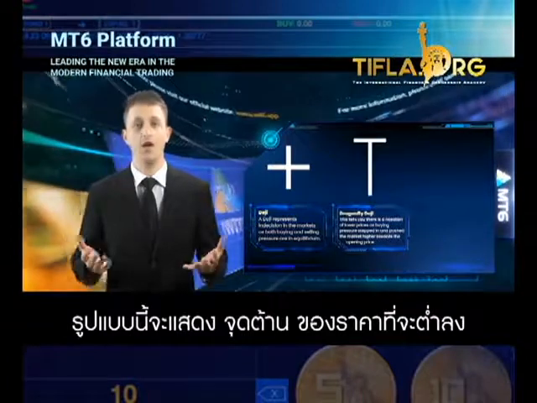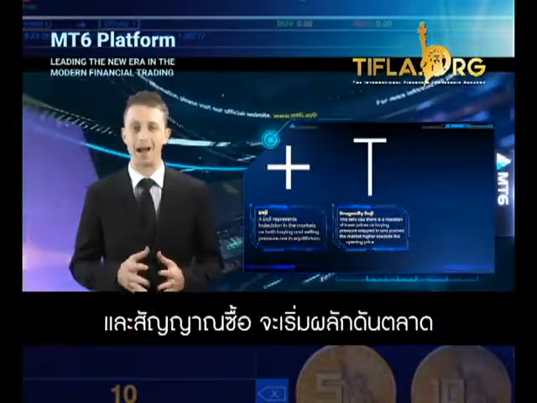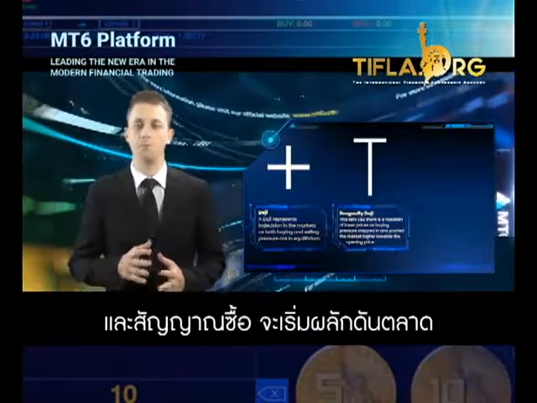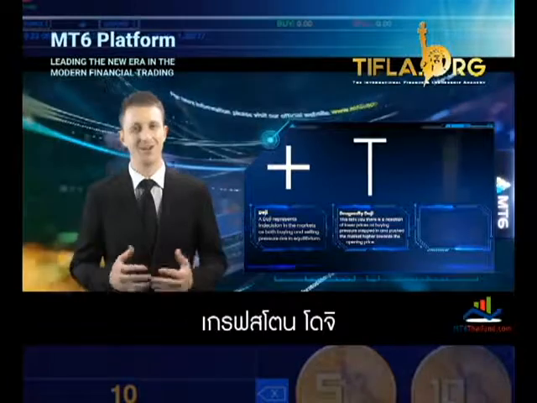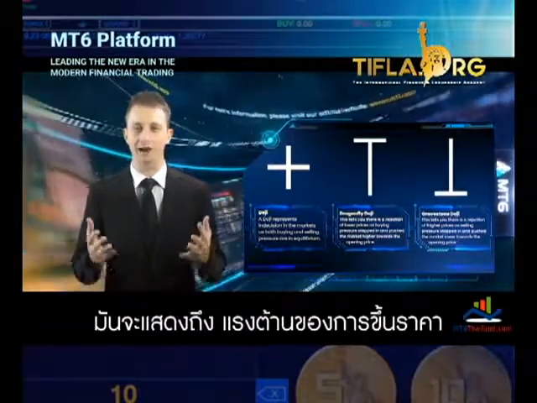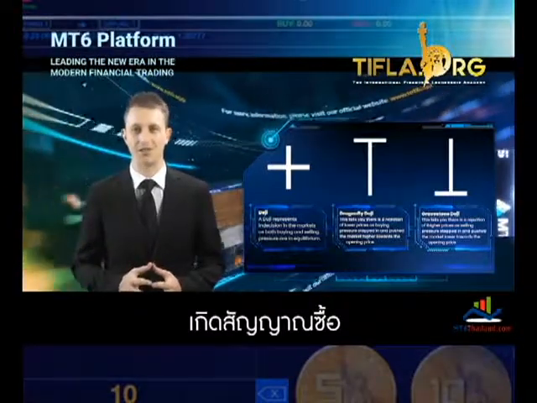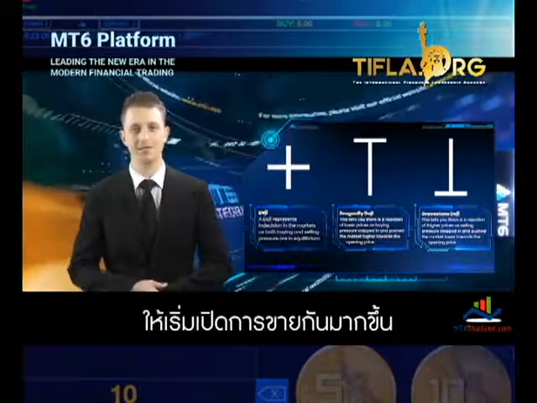Dragonfly doji. This tells you there is a rejection of lower prices as buying pressure stepped in and pushed the market higher towards the opening price. Gravestone doji. This tells you there is a rejection of higher prices as selling pressure stepped in and pushed the market lower towards the opening price.